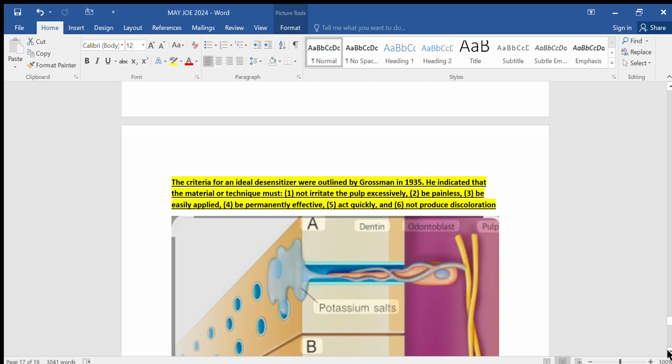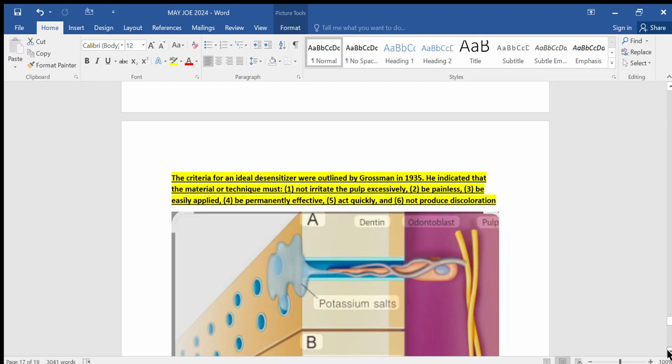It must be painless, it can be easily applied, and it may be permanently effective, act quickly, and not produce any discoloration. These are the basic requirements of any desensitizer which you will prescribe to a patient.